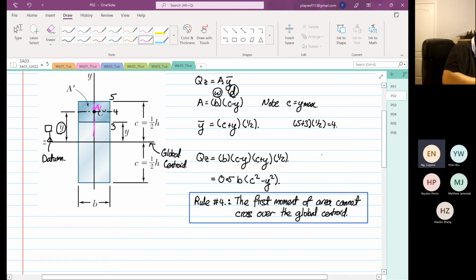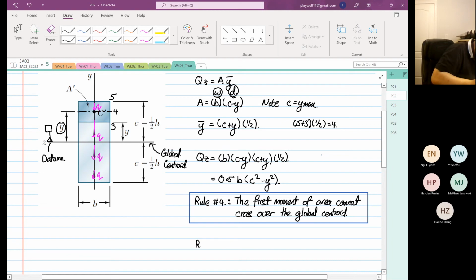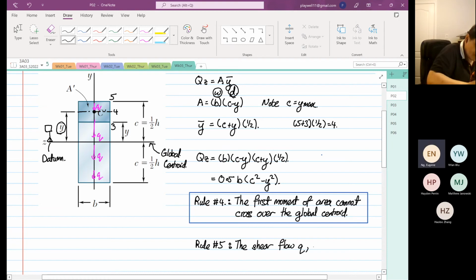Okay, so this is our Q. And we realize that, rule number 5, the shear flow Q can only flow in one direction.